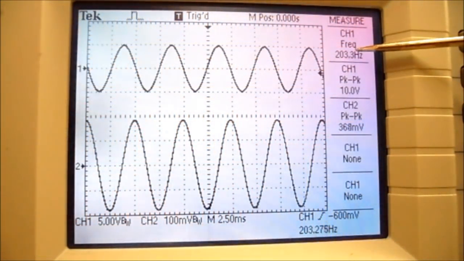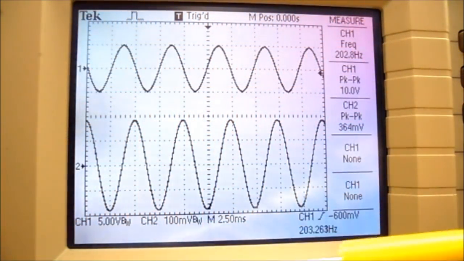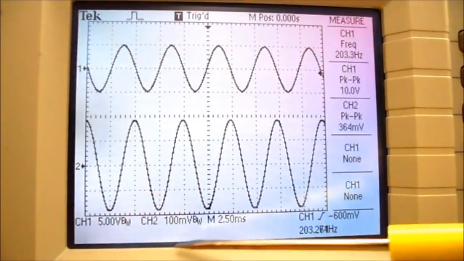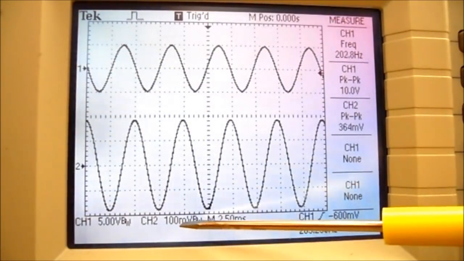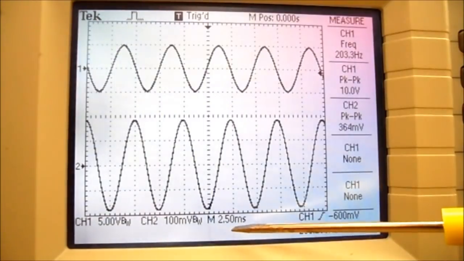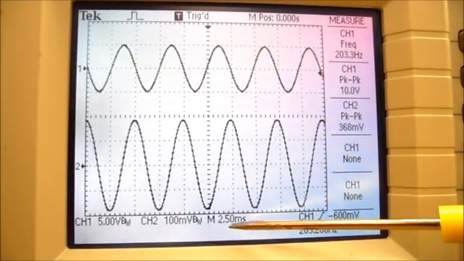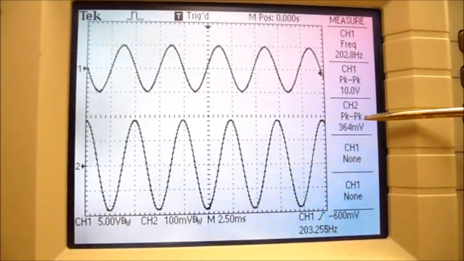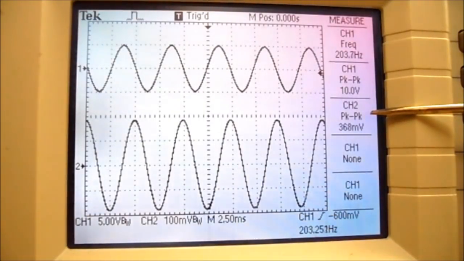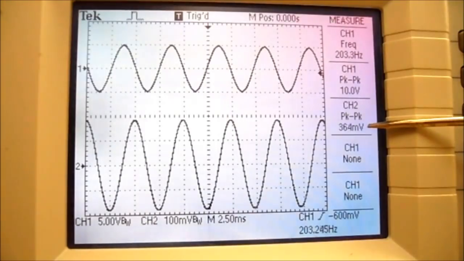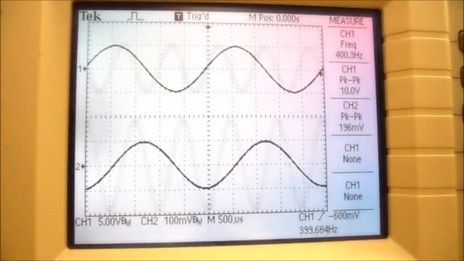Back at 200 hertz, I have channel 1 at 5 volts per division, channel 2 at 100 millivolts per division, and my seconds per division set to 2.5 milliseconds. The voltage across my capacitor is 364 millivolts.